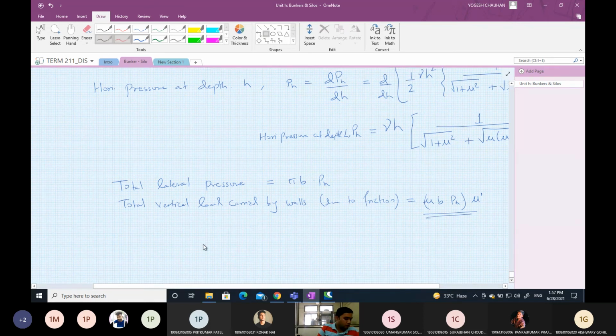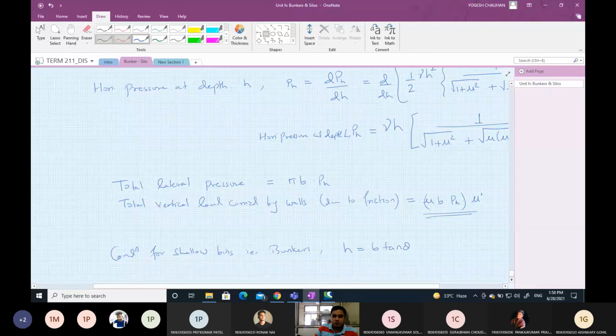Now, the condition for shallow bins, that is bunkers, we know that the condition is H should be equal to B times tan θ.